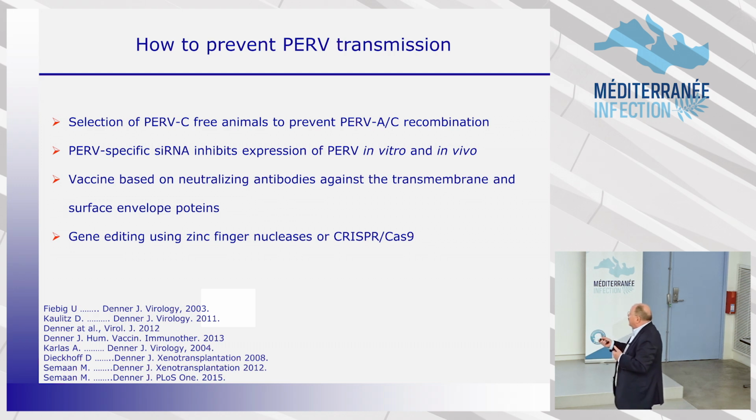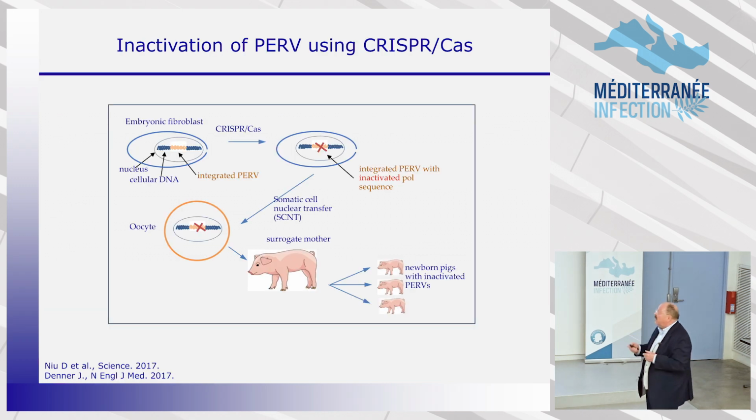And we were the first to study gene editing. We used the zinc finger nuclease. Unfortunately, the zinc finger nuclease was toxic, but an American-Chinese group used CRISPR-Cas, taking embryonic fibroblasts and inactivating all integrated PERVs using CRISPR-Cas specific for a highly conserved region in the polymerase.